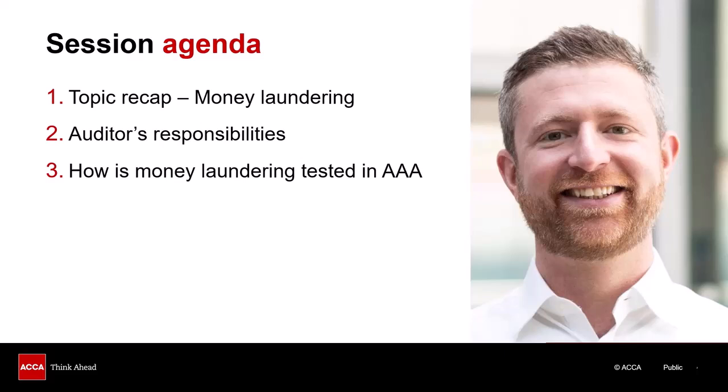That's what you're really interested in. What do I need to know about this? How does it get examined? And probably more importantly, have you got any exam tips? How can I cope with exam questions on money laundering in AAA so that I pick up enough marks to pass one of these questions? Well, we'll be covering that towards the end of the session.